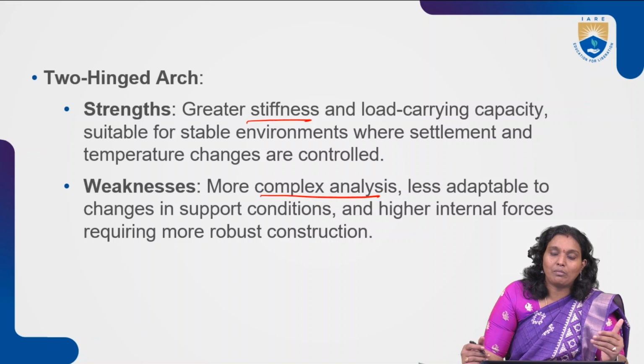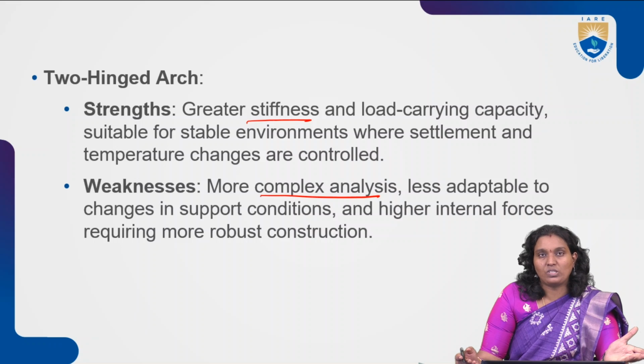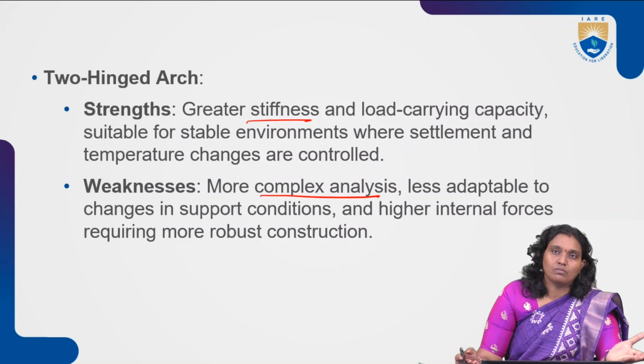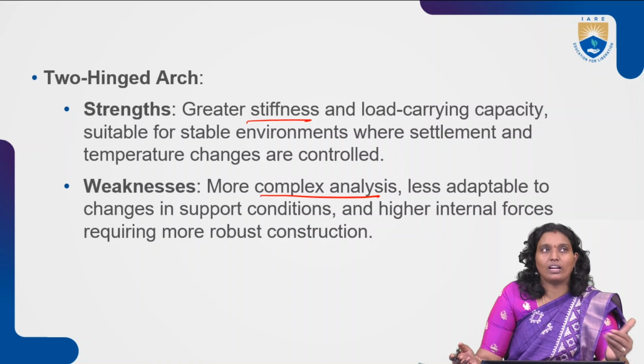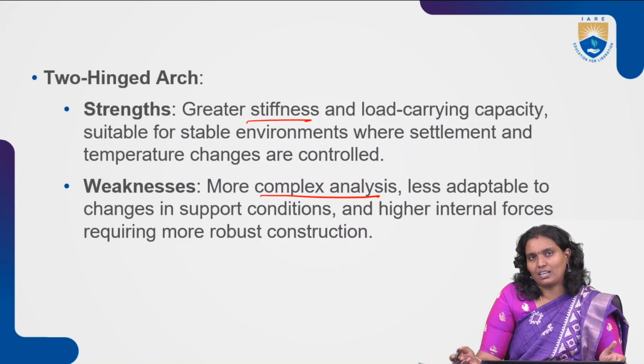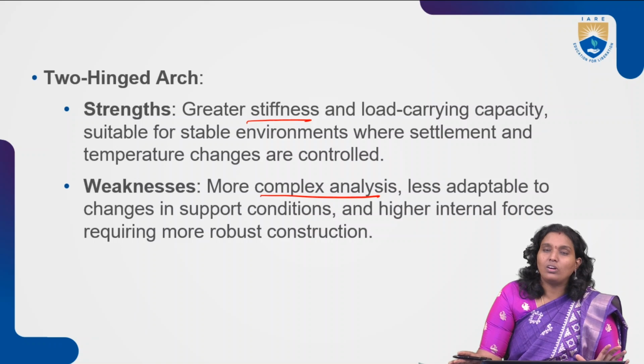Here it is an advantage because of the absence of the crown hinge. So once the settlement and temperature changes vary, the two-hinged arch is not suitable because it is not flexible. Settlement is not allowed, and heavy internal stresses are developed in those scenarios. So for a controlled environment for settlement as well as temperature, this is one of the recommended types of arch.